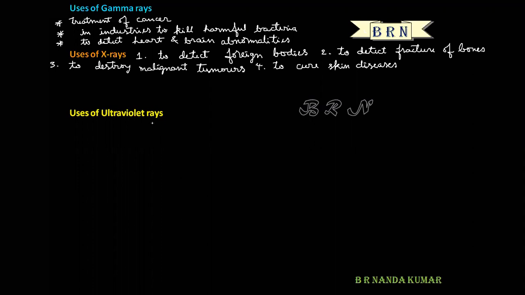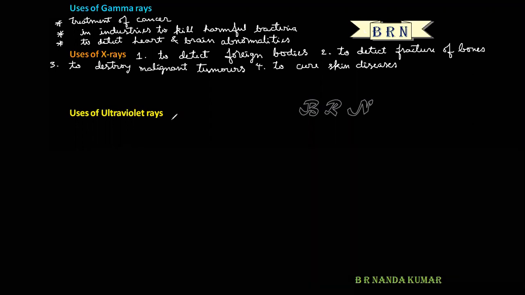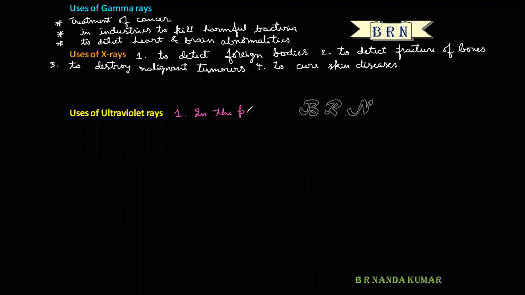Ultraviolet rays are used in the production of vitamin D. UV lamps are used to kill germs in water purifiers.